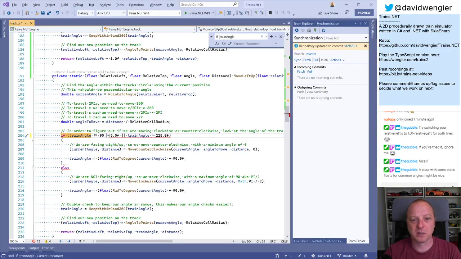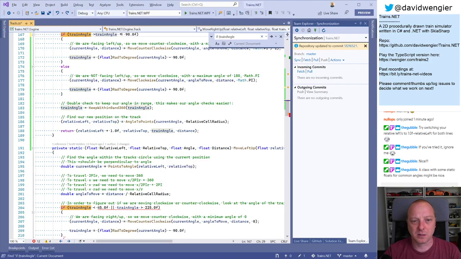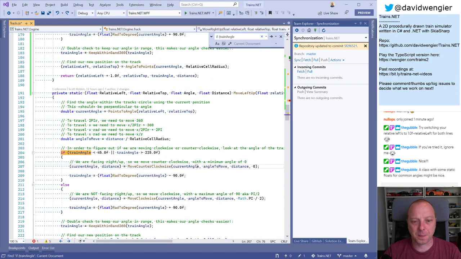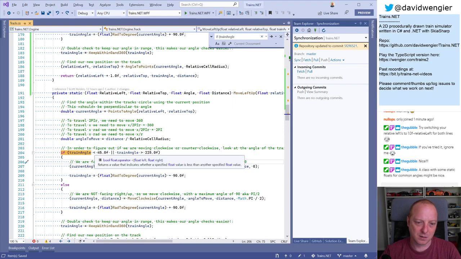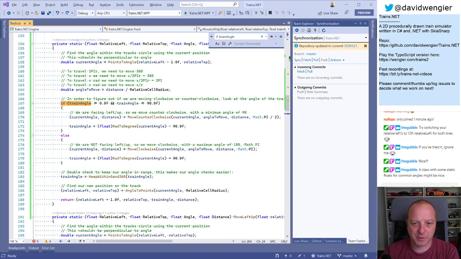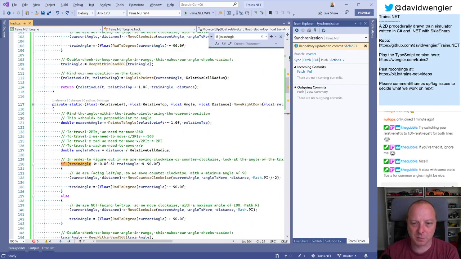Oh, actually, so is that not a, it must be 0 and negative 90, I guess. I'll put a breakpoint there too. Okay, let's do right down before we forget.